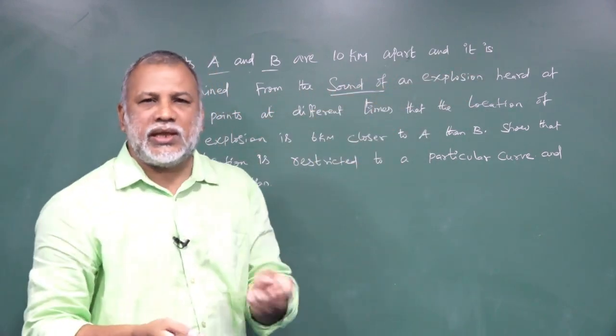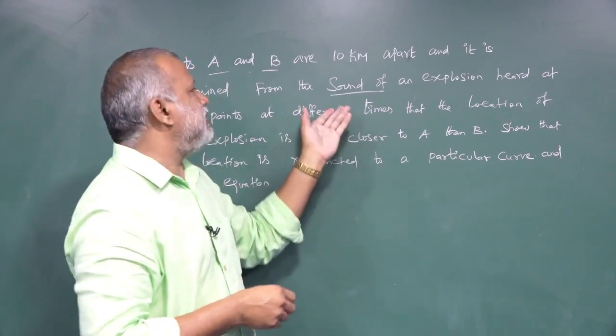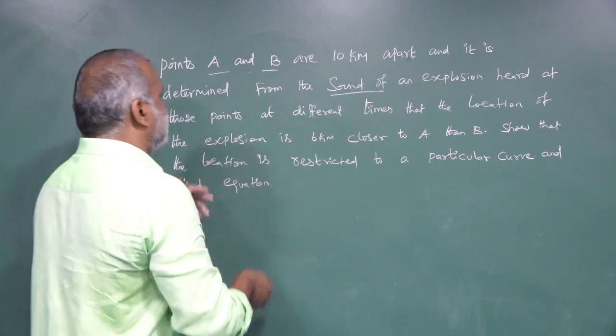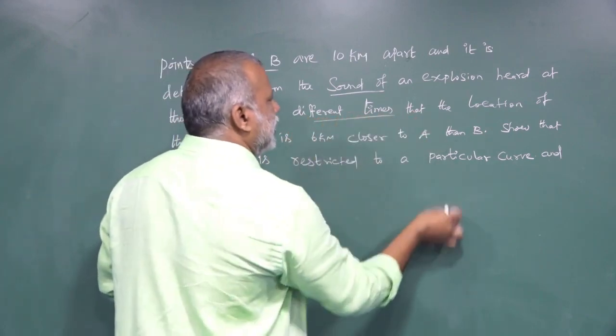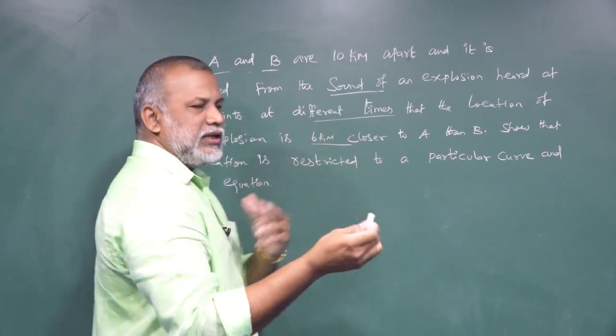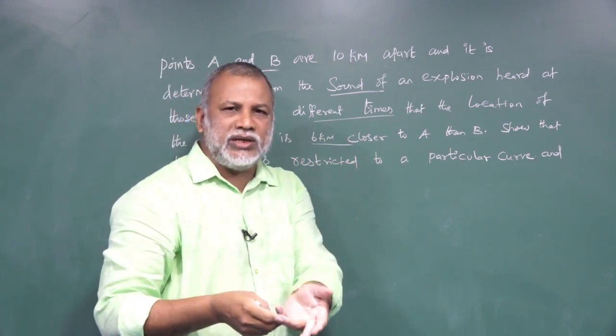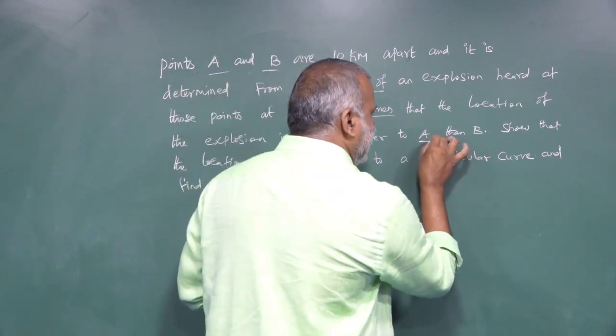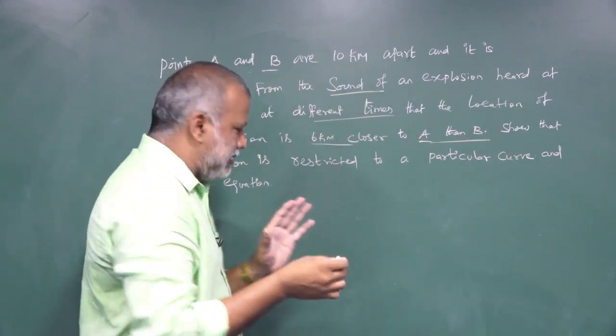In the previous question, there is a signal from the ship. Here there is a sound. That is the only difference. Of an explosion, heard at those points at different times, the location of the explosion is 6 km closer. In the previous question, they gave the 200 km difference. Here 6 km closer to A than B. These are the information. Just listen.